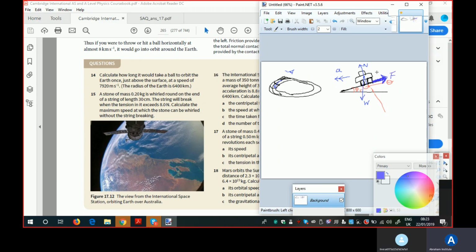Okay, then, so if there was friction, now to get the centripetal acceleration and the centripetal force, we'll assume, to make things easier, that there was no friction here.